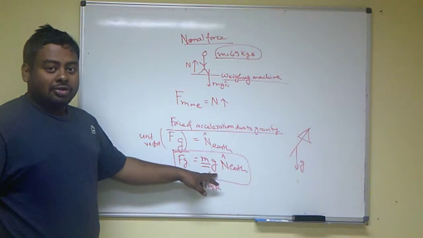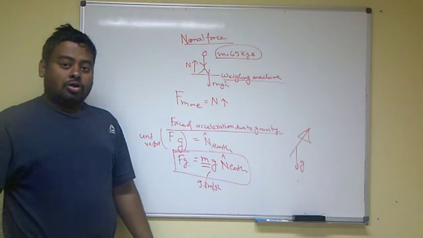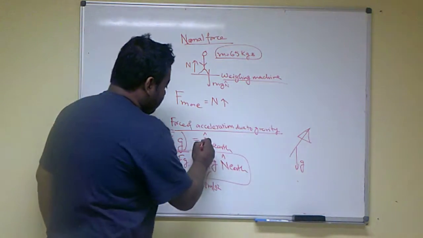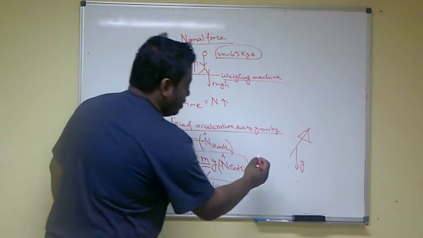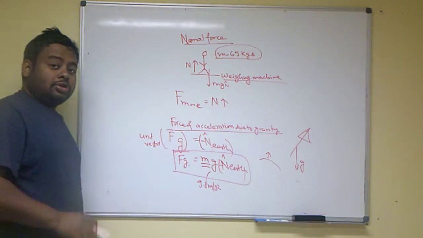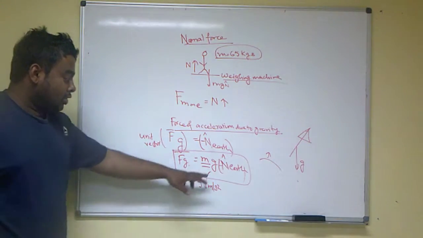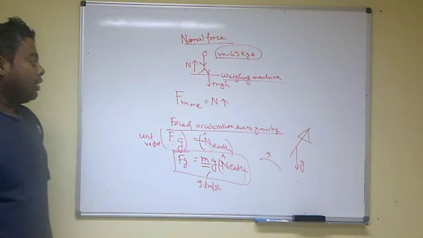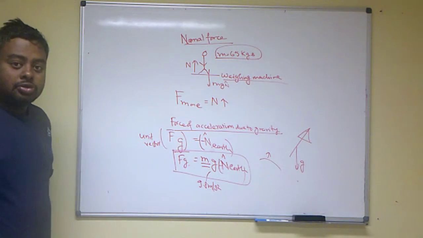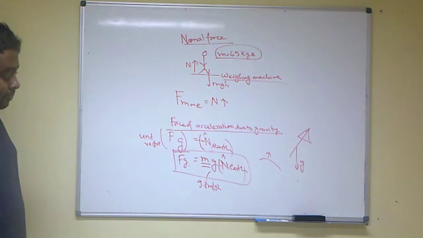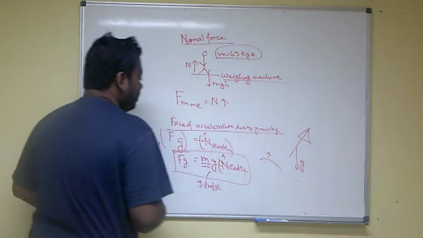That will be my mass times acceleration due to gravity times n cap, or the Earth's normal direction, and it will be minus the Earth's normal direction because it will be acting downwards. If you think about the Earth, the positive normal always acts outwards, but in this case it will be downwards. So that's why minus n cap Earth. So with that, these are the two most important forces which we would like to know about. There are also forces, for example, due to tension.